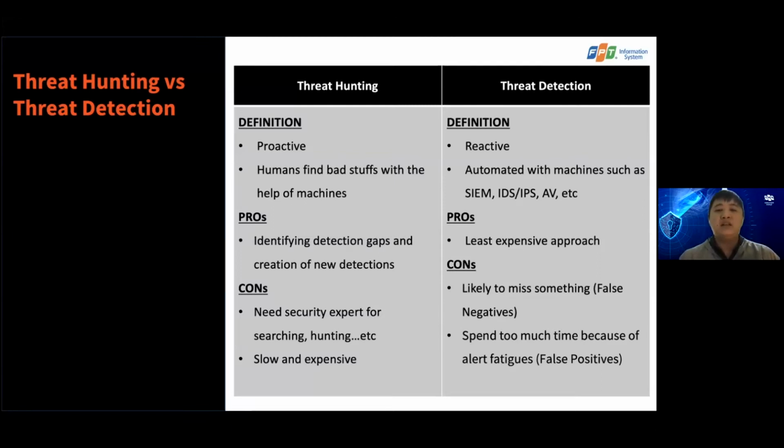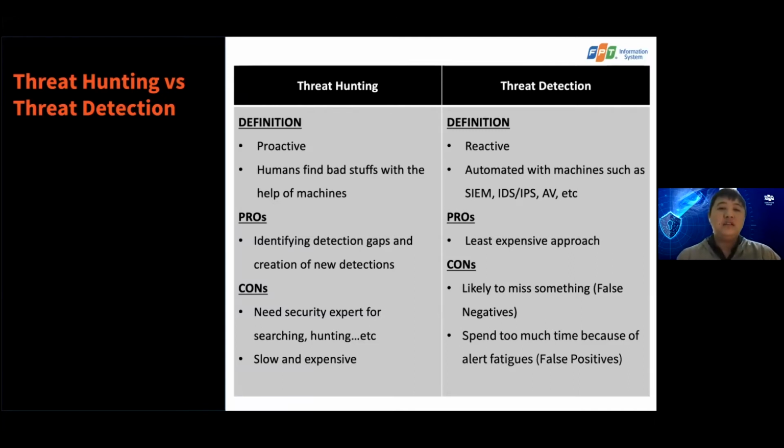People can buy automated technology such as SIEM, intrusion detection system, IDS, IPS, antivirus, etc. Basically, threat detection uses automation tools with some rules and statistics to warn us about bad things happening. And the main benefit of this kind of approach is that it is the least expensive compared to the other ones.